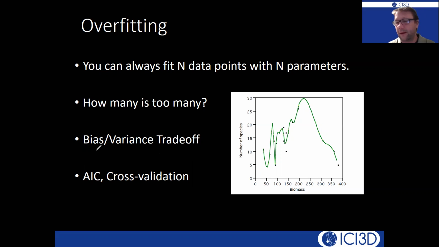And that's the bias-variance trade-off. Usually they're opposing forces. A simpler model has less variability in the model building process when it's fit to new data, but the bias is higher. And so there's a sweet spot in between where you've minimized both bias and variance.